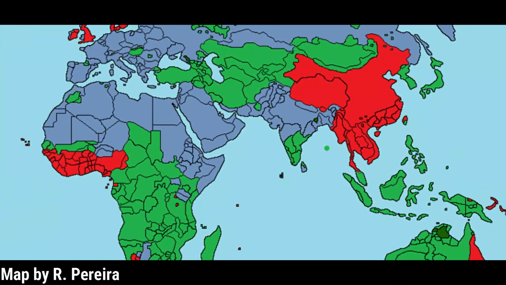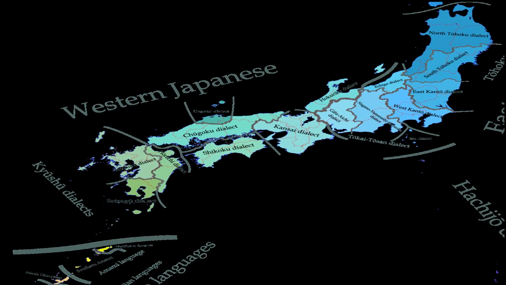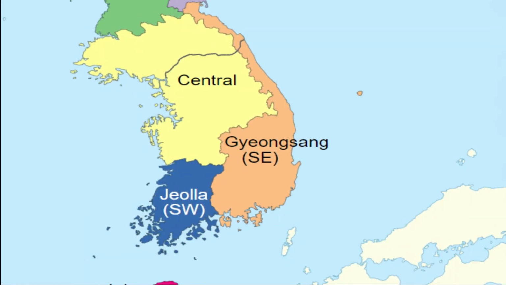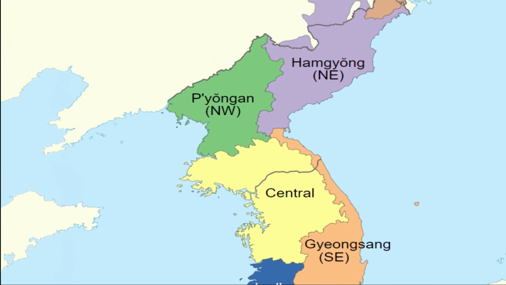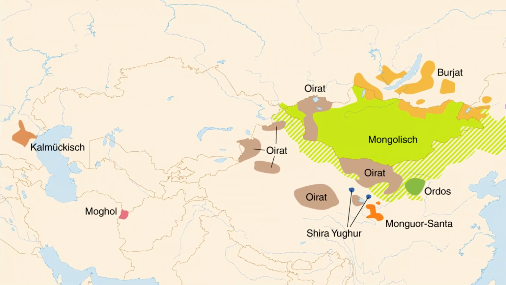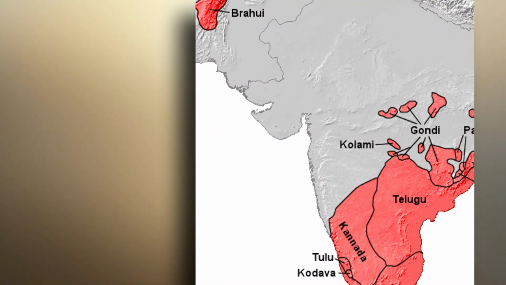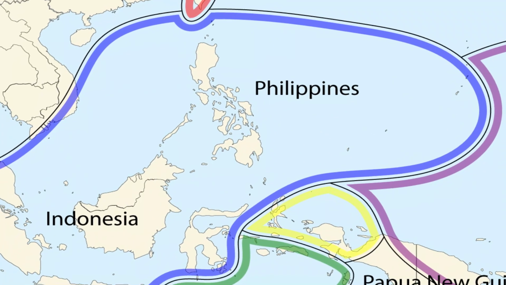So what are some of these agglutinative languages? Where are they? The Japonic languages. Korean. The Mongolic languages. The Dravidian languages of the Indian subcontinent. The Western Polynesian Malayo languages.